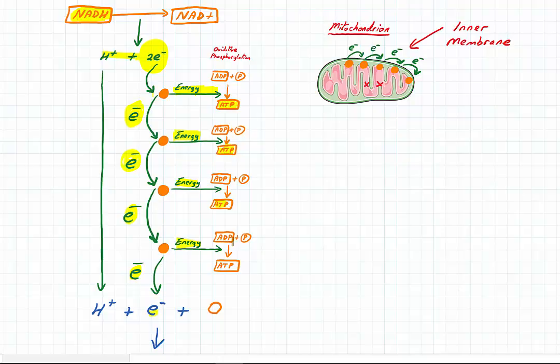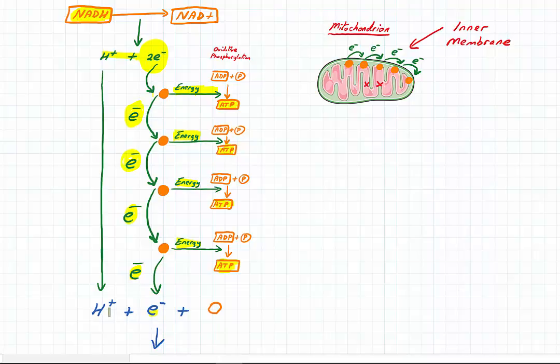So all the way down, we are creating ATP molecules, which is what we're after. And lastly, the energy comes out the other end. It's a drain of energy at this stage, so it's of no further use.